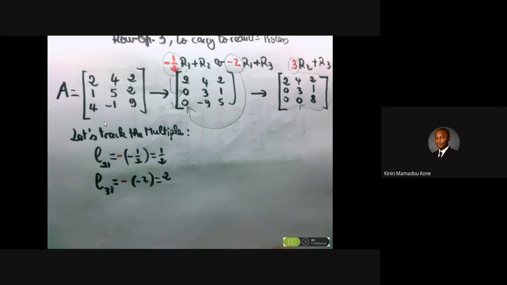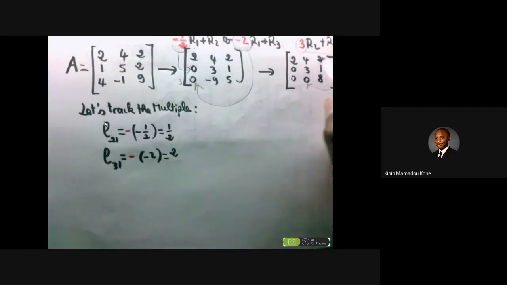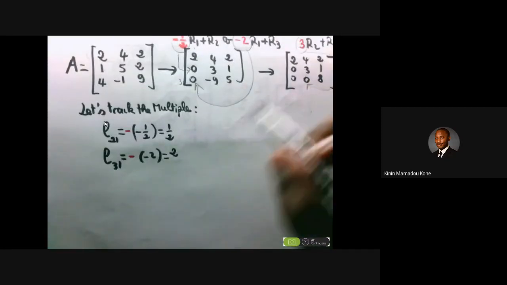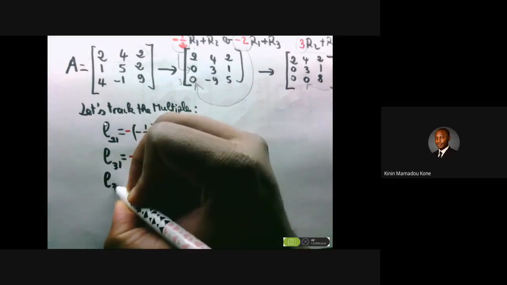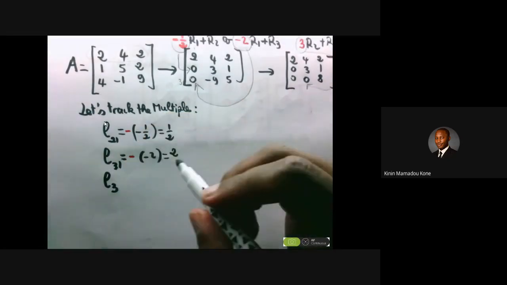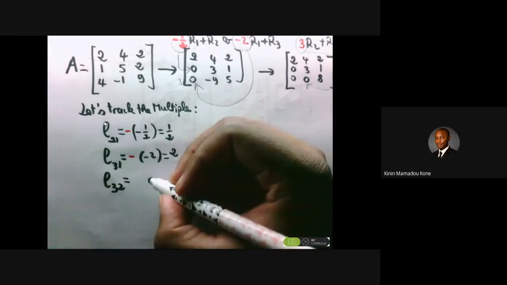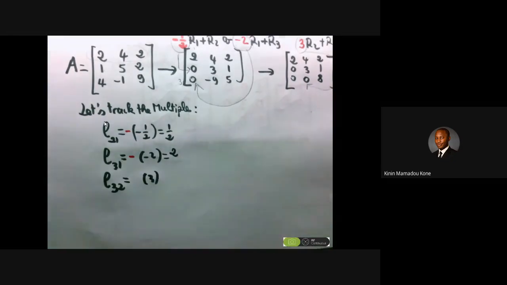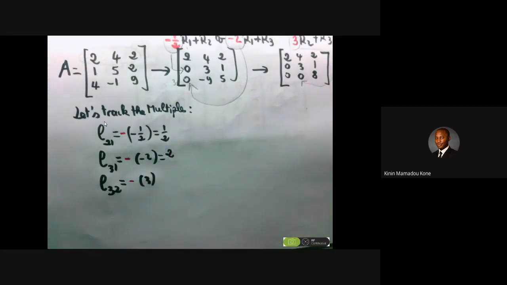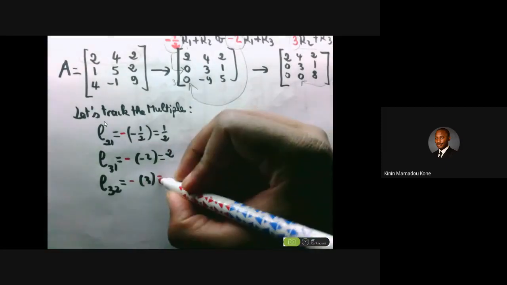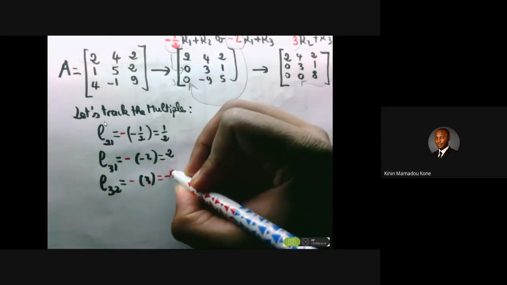So I'm going to store this multiple as row 3, column 2, and it's a plus 3. I'm going to just put a negative in front, and that's going to be negative 3.